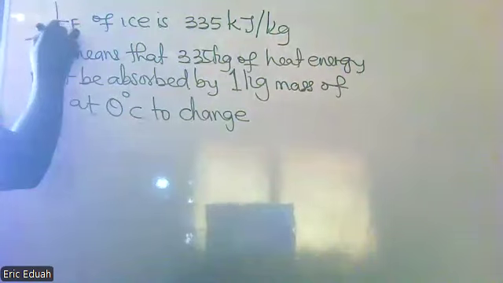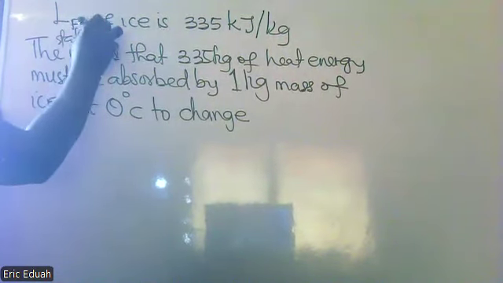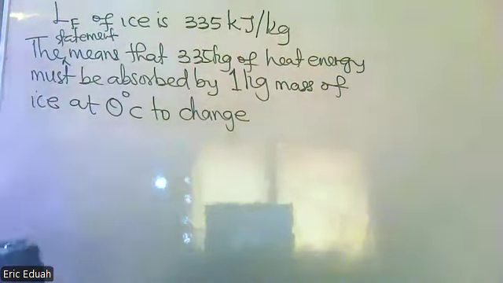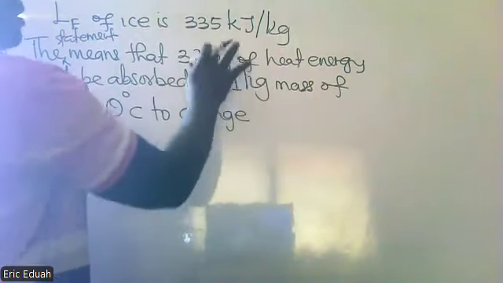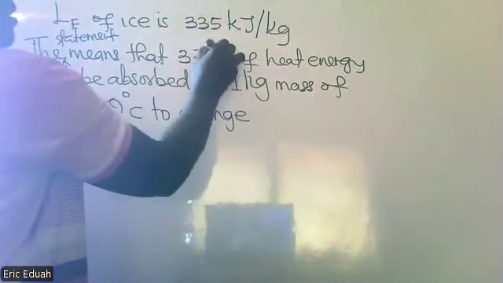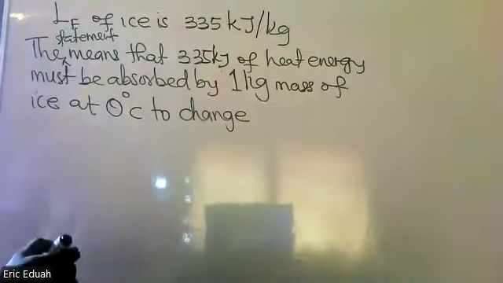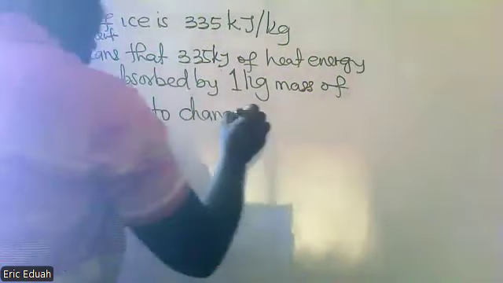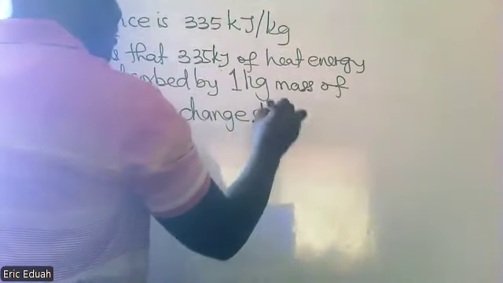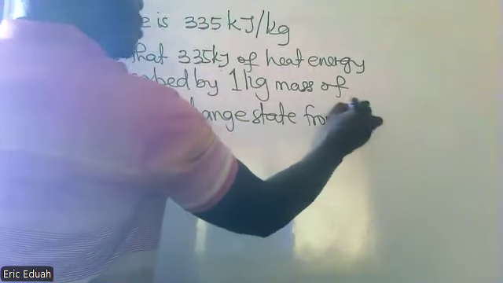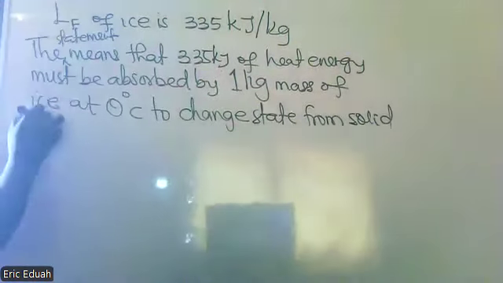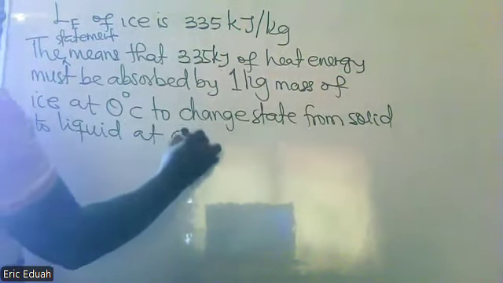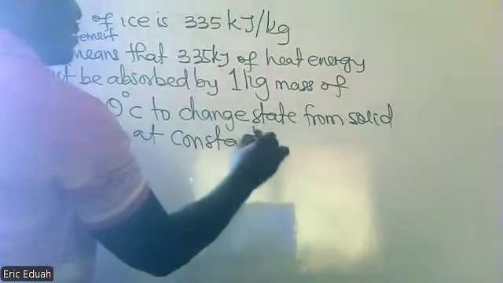So the statement, I've forgotten the statement. The statement means that 335 kilojoules of heat energy must be absorbed by 1 kilogram mass of ice at 0 degrees Celsius to change state from solid to liquid at constant temperature.